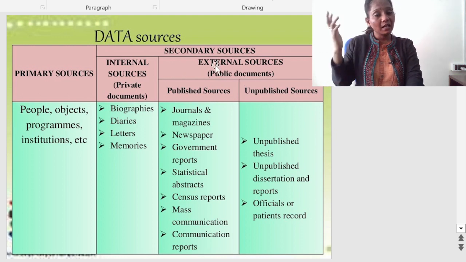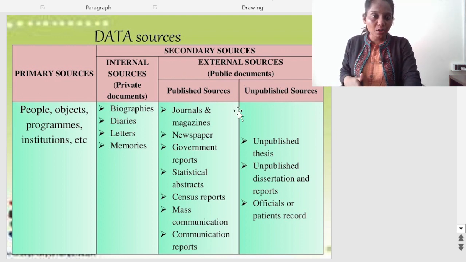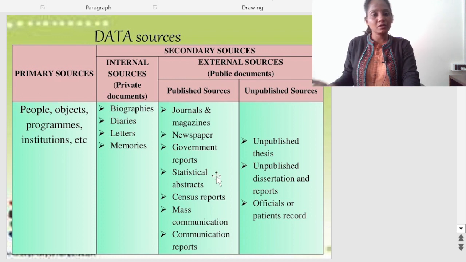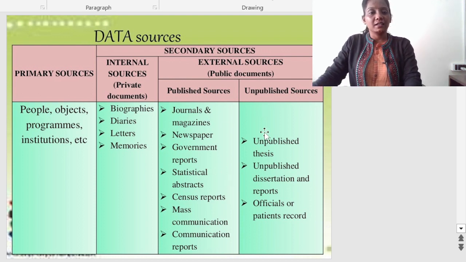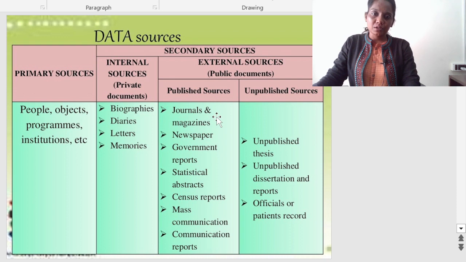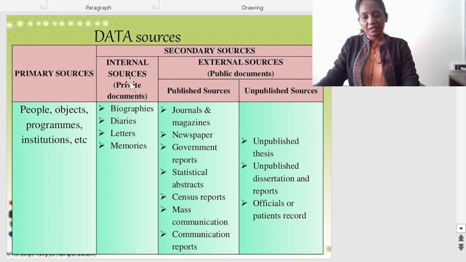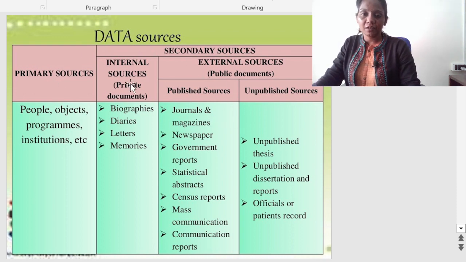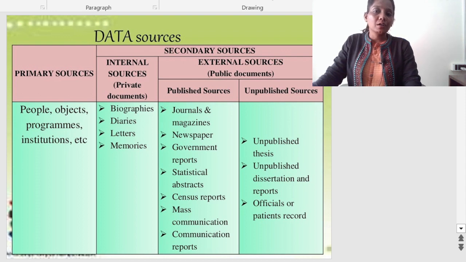In BSc nursing I have done a project but I have not published it; from that also you can collect the data, that is called an unpublished resource. Published resource means nowadays so many are doing PhD and they are doing presentations in newspapers or magazines. That is all called published resources. So these are the sources of data from where you have to collect the data for your project work.